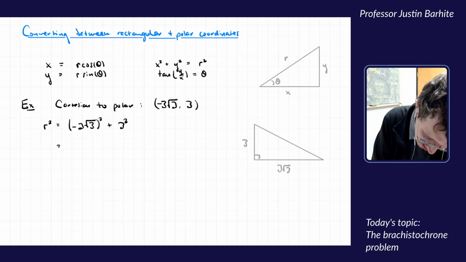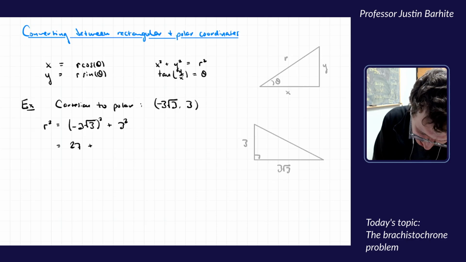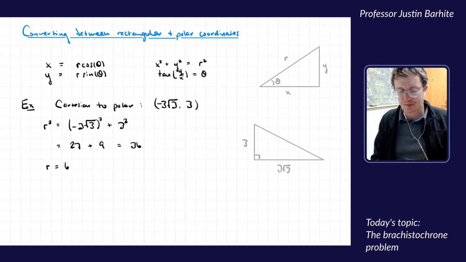Yeah, that's going to be 27. And then 3 squared is 9. 27 and 9 makes 36. So r is 6.